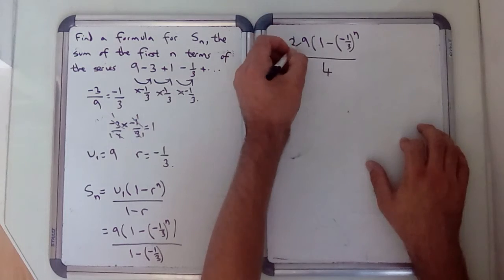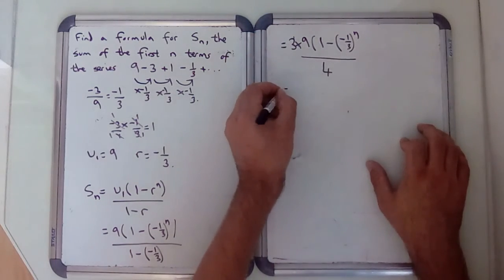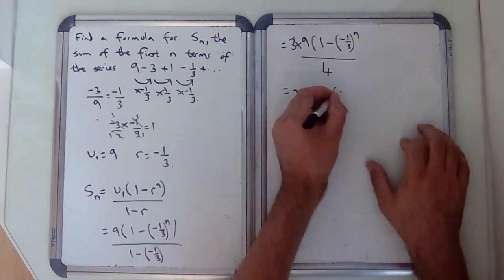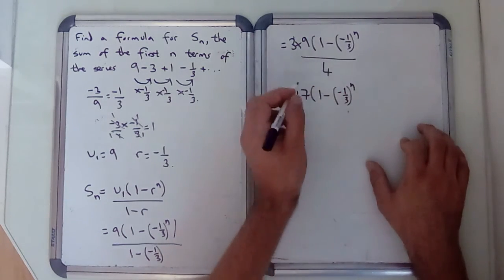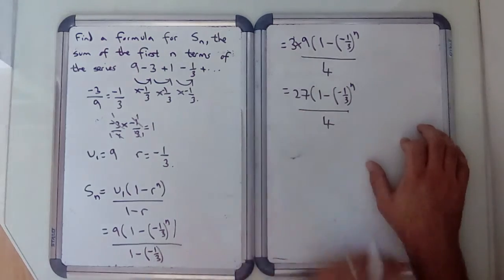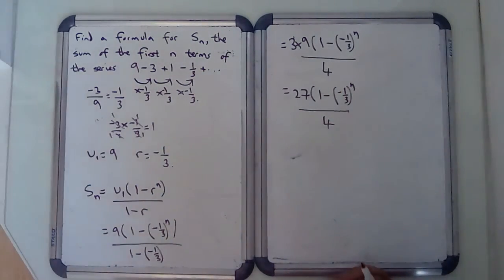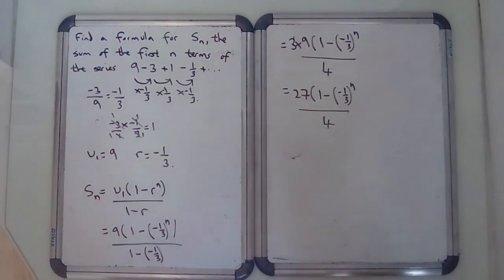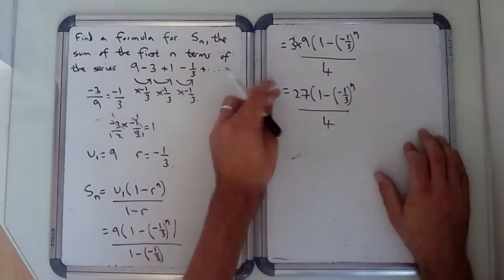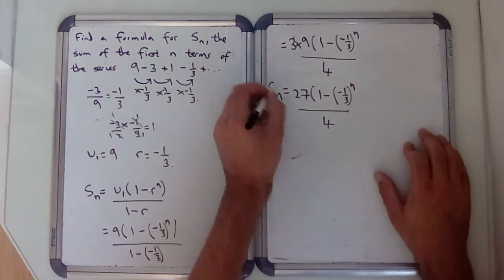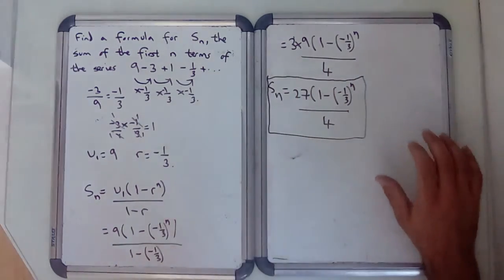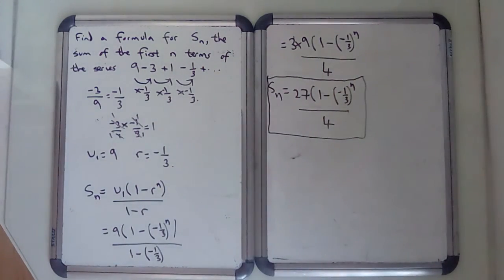So 3 times that equals 27 times 1 minus minus 1/3 to the n over 4. It's really up to you whether you want to put that 27 in a bracket. I probably wouldn't, so I'm just going to leave it like that. So Sn equals 27 times 1 minus minus 1/3 to the power n over 4.